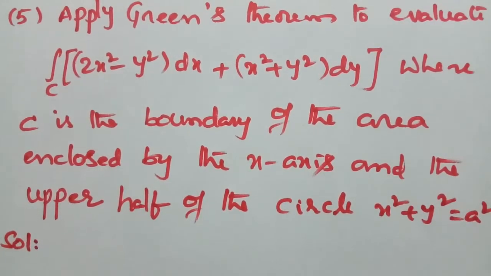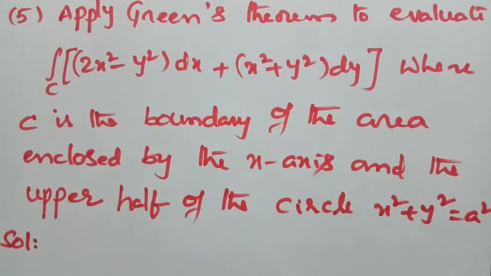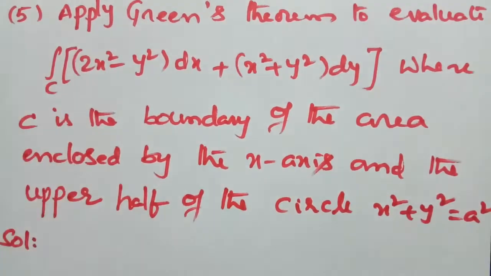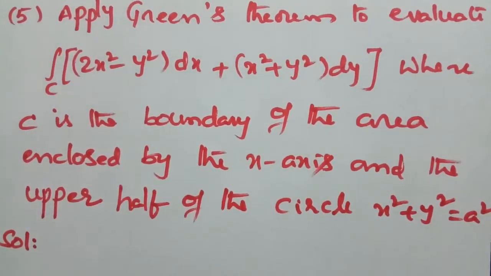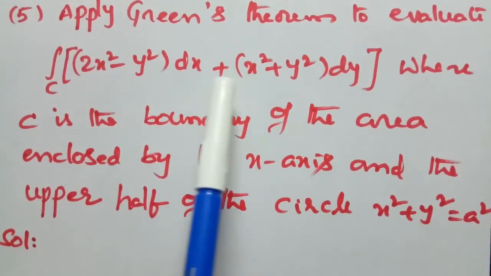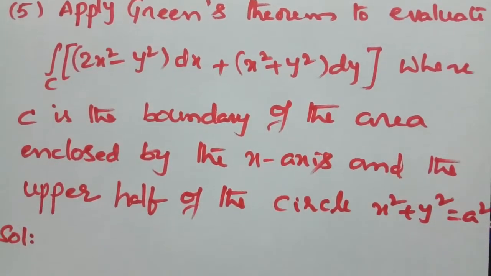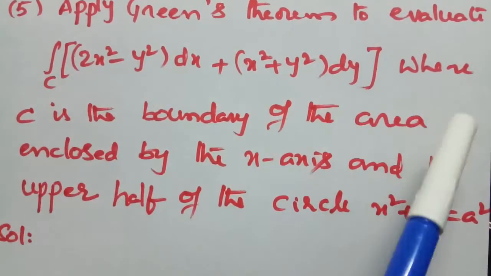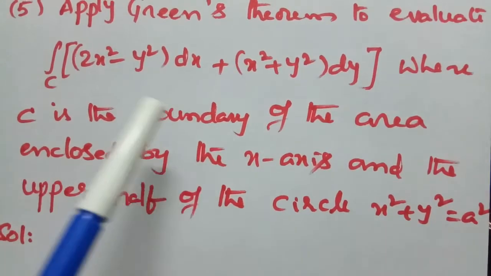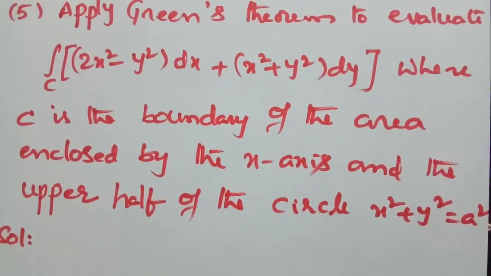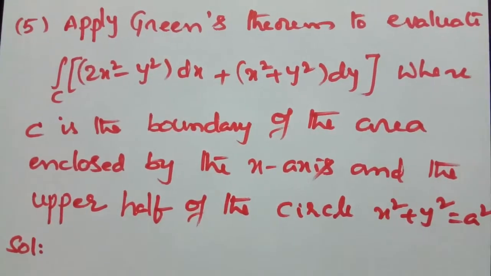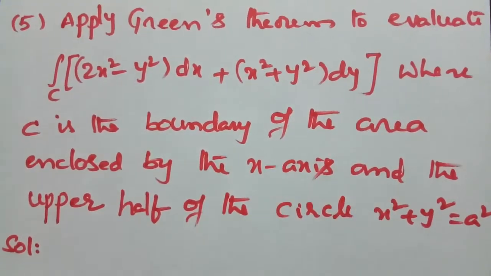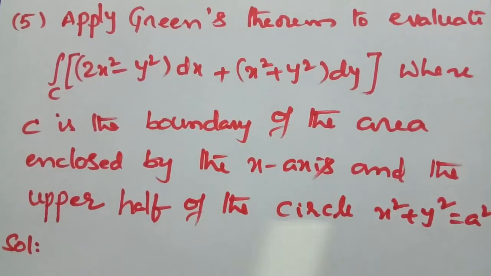Now, solution. Here m equal to 2x square minus y square dx plus x square plus y square dy, where C is the boundary of the area enclosed by the x-axis and the upper half of the circle x square plus y square is equal to a square.